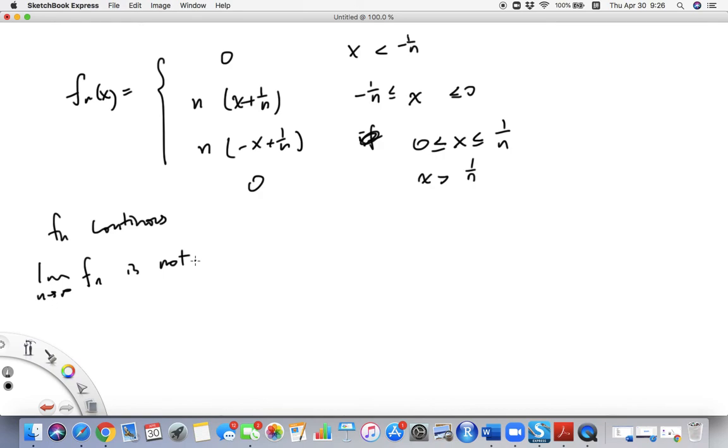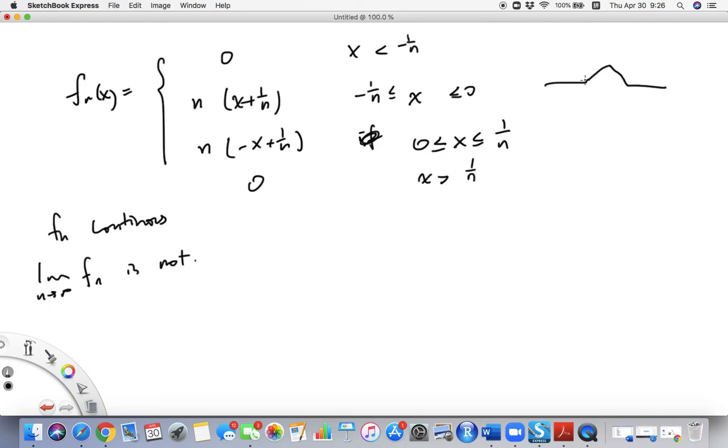So let's see. The function is continuous, obviously, on each of those intervals. So you only have to check that the function is continuous at the endpoints, right? So your function probably looks something like that.